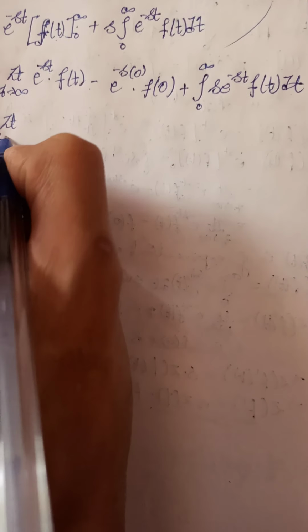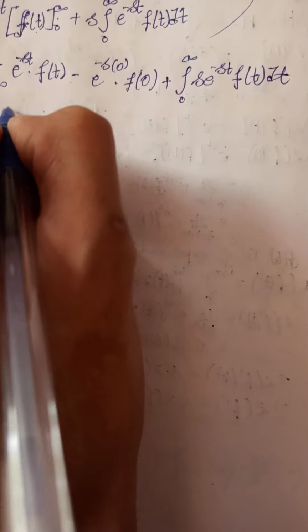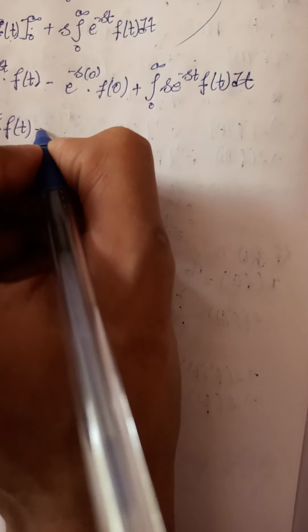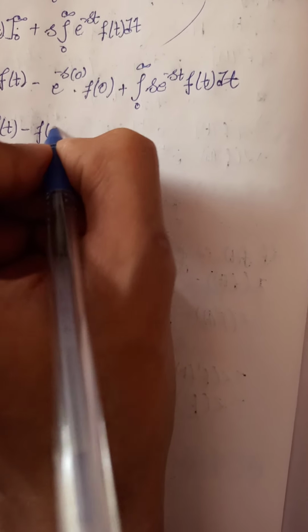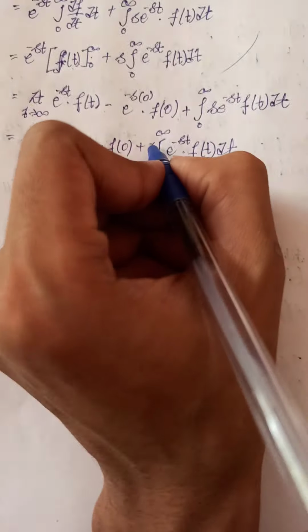Now on further simplification, limit t tends to infinity e power minus st f of t, minus f of 0, plus s into integral 0 to infinity e power minus st into f of t dt. This is s, it's not 6, I'm sorry.